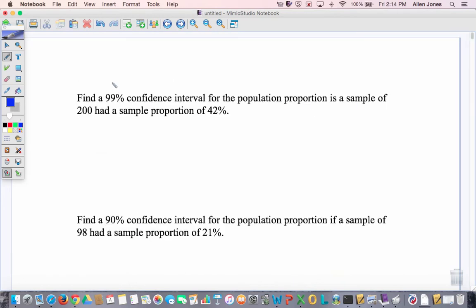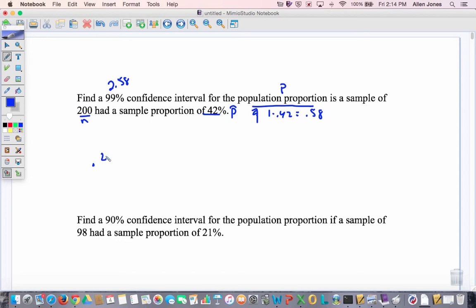Find a 99% confidence interval. 99% is that z-score of 2.58 for a population proportion. So for our P, our sample of 200, there's our N, and our sample proportion is 42%. So P hat is 42%, which means that Q hat is 1 minus that, or 58%.